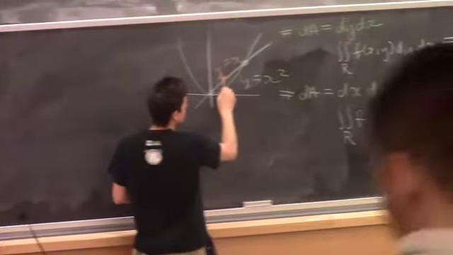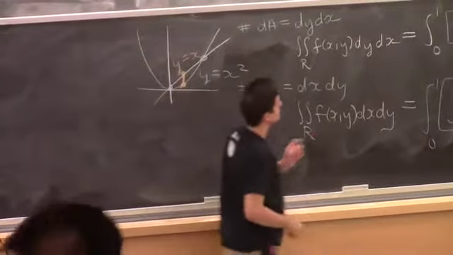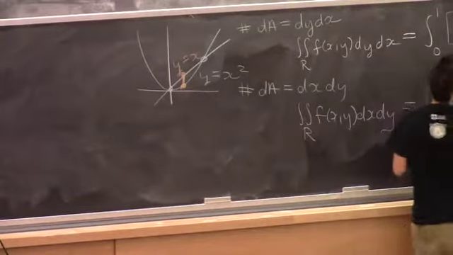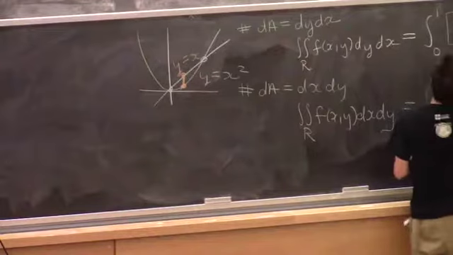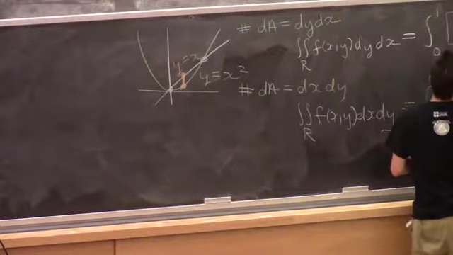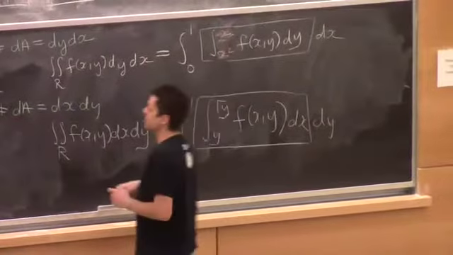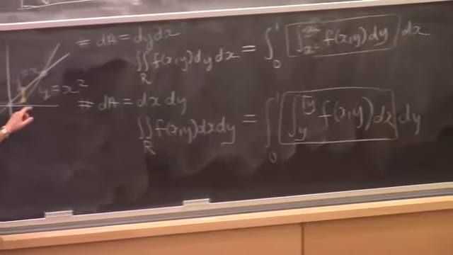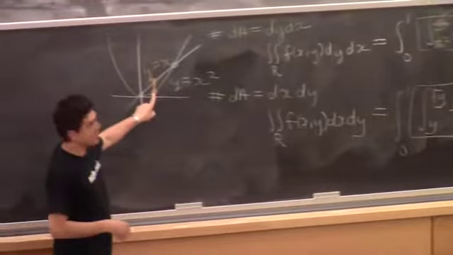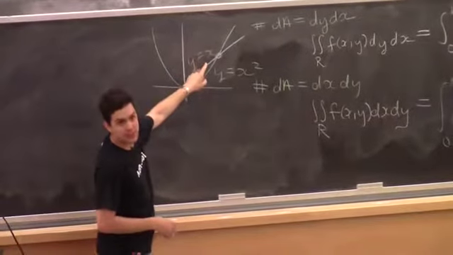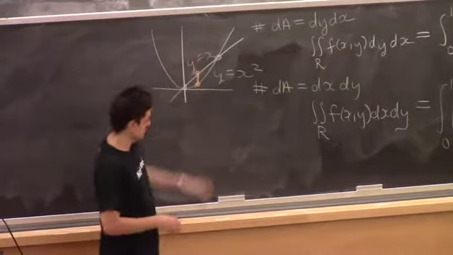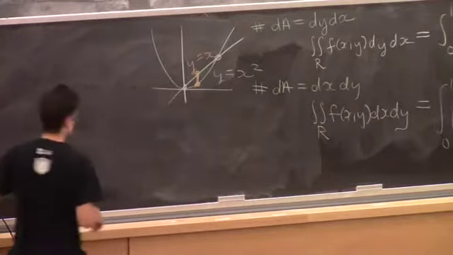So we start at x squared and we go up to x. So these two bounds, which are in the notes, should be switched to x squared up to x. The lower bound in y that we start off at is x squared and the upper bound is x. So please make that minor correction.